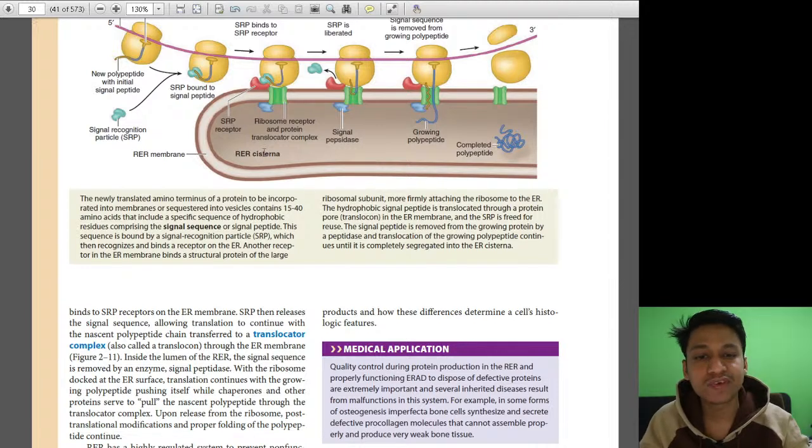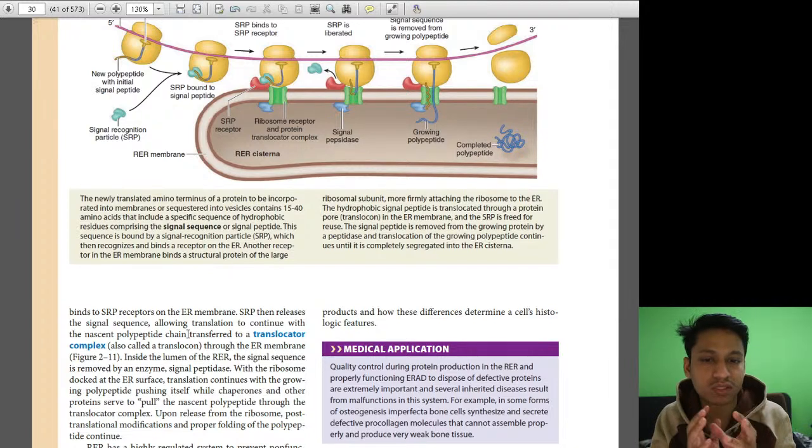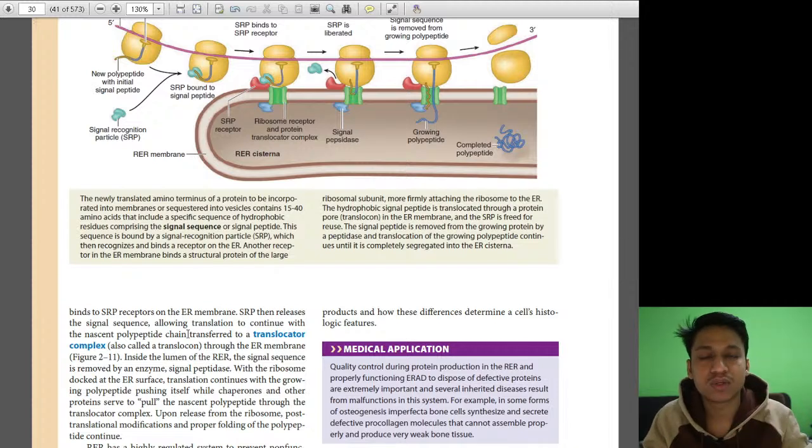We also have to remember that this translocator complex is also called translocon. So whenever we have the word translocon, we know that we're talking about this translocator complex. It is made up of the ribosomal receptor and the protein translocator.